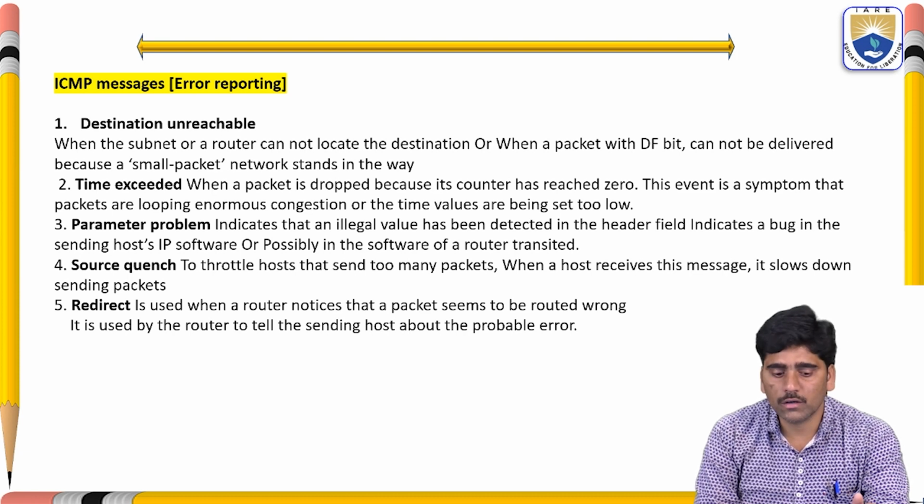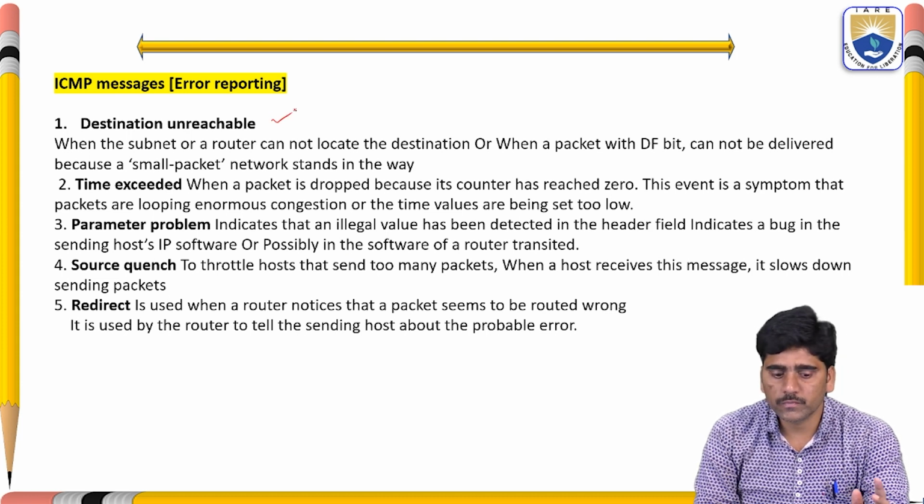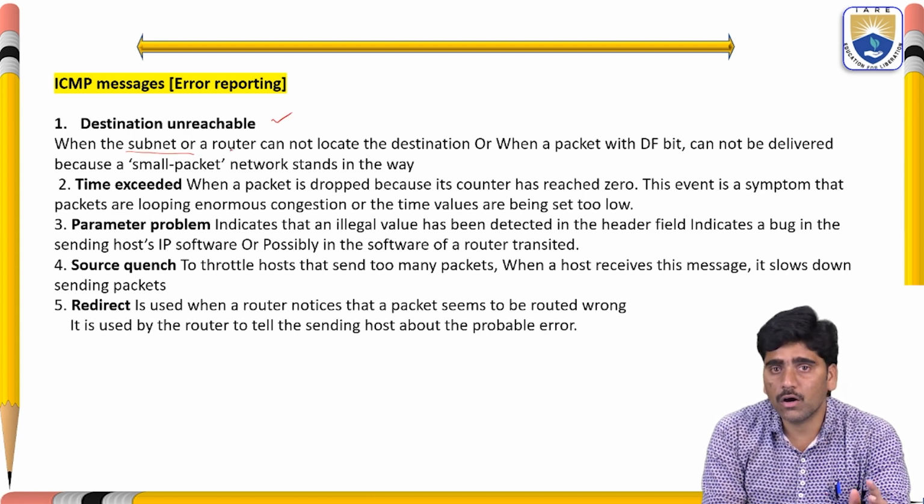Here we can look at these ICMP error reporting messages. The first one is destination unreachable. This happens when the subnet or a router cannot locate the destination, that is, the destination you have given is not found on the server.